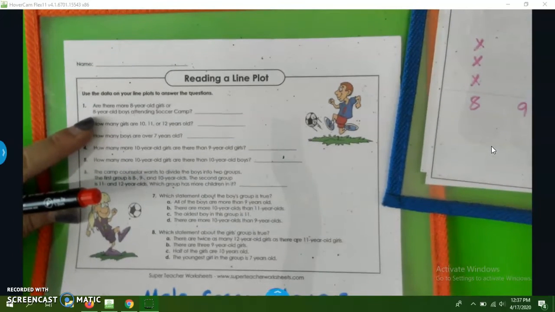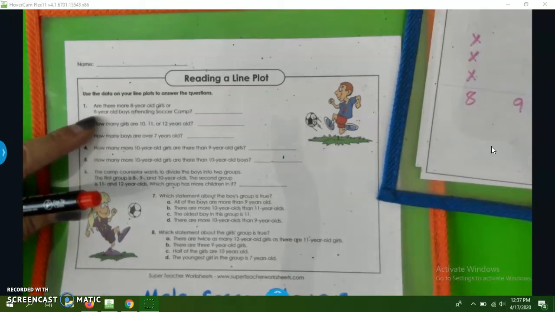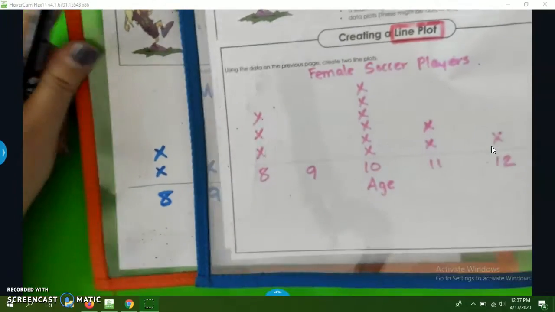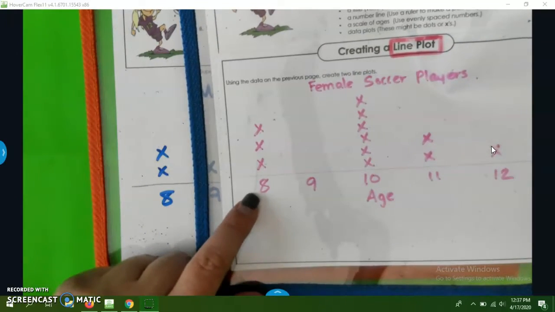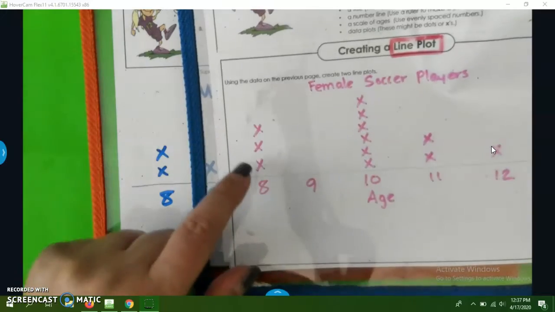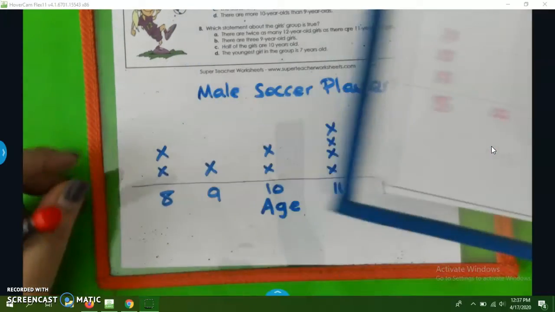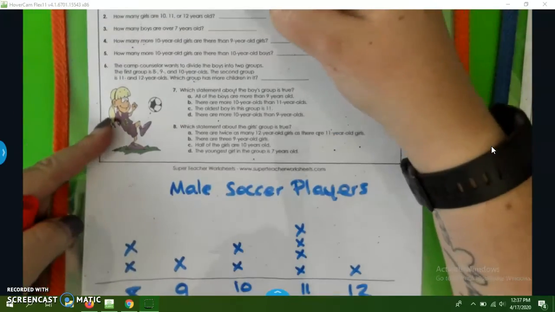The first one says, are there more 8-year-old girls or 8-year-old boys attending soccer camp? Rather than having to sift through this list of data, we can very quickly look and compare our 8-year-old boys and our 8-year-old girls and clearly see that there are more 8-year-old girls because there are 1, 2, 3 versus only 2 8-year-old boys. So the answer here would be girls.